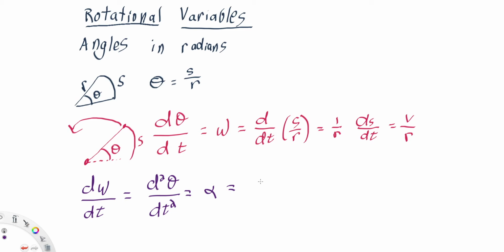So similarly, we already have a definition of omega with respect to v and r. We can go ahead and take the derivative of that. If we're staying on a circular path, that radius is constant, so we can pull that out. And sure enough, what is the derivative of velocity with respect to time?